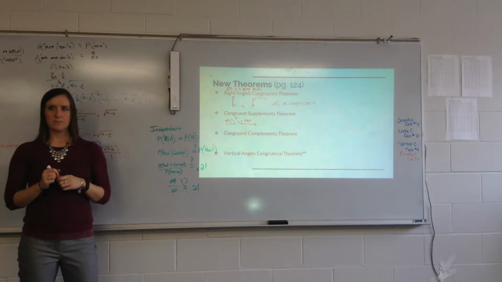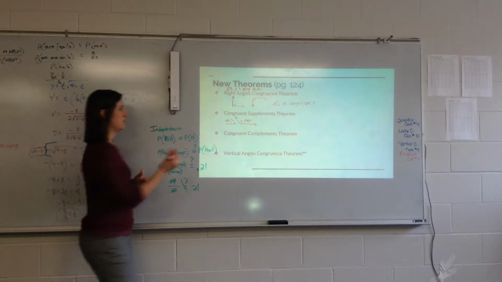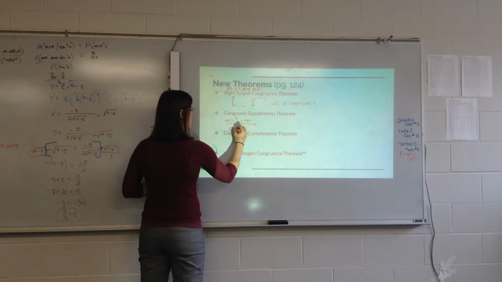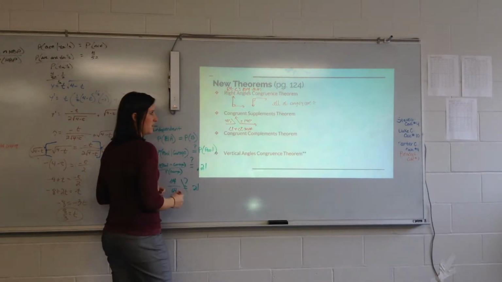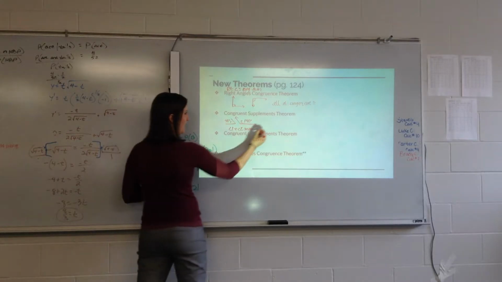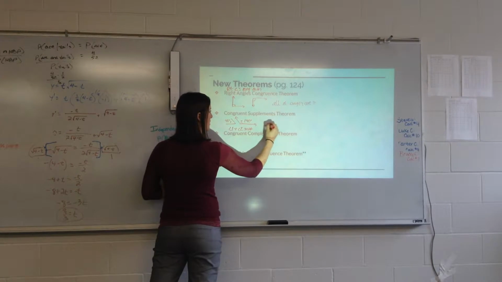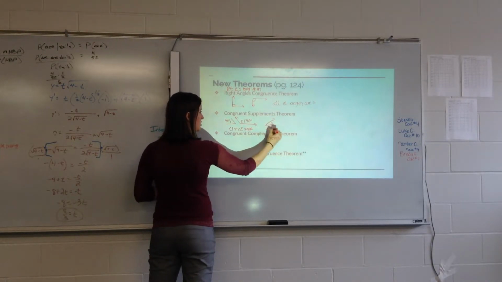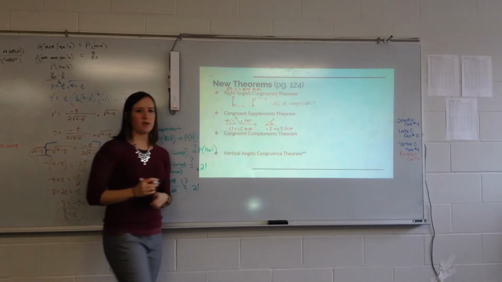Right? They add up to 180 degrees. So angle 1, angle 2 are supplementary. Now, if I had another angle, let's say angle 3, if I told you that angle 2 and angle 3 are supplementary, what does the measure of angle 3 have to be?